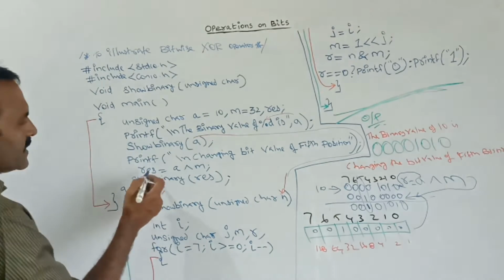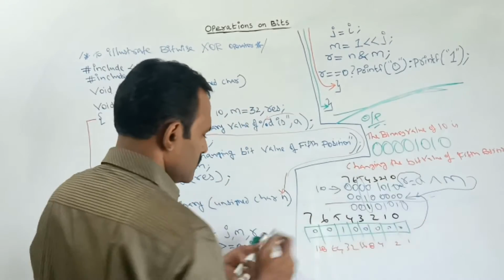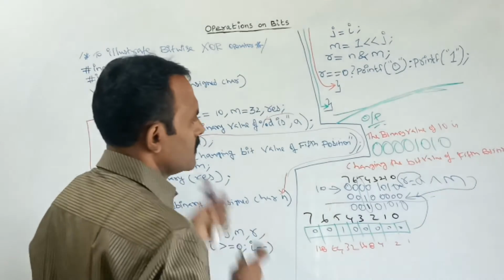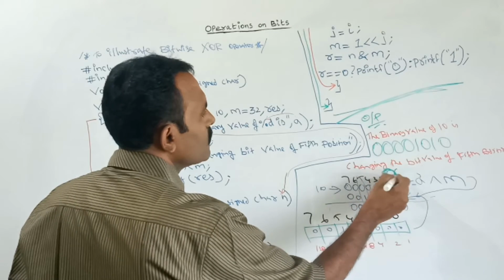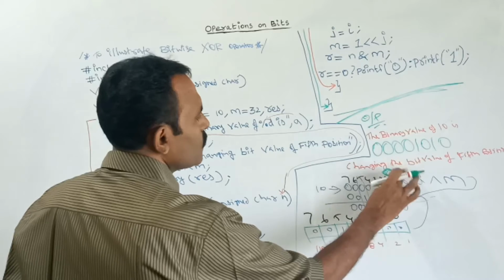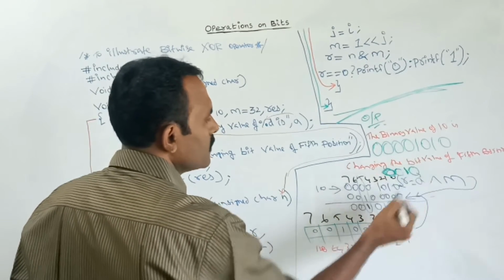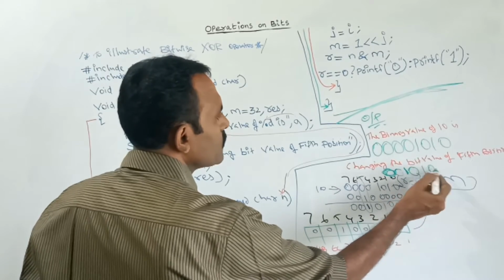After that, what will be the result here? 0 0 1, next 0, next 1 0 1 0.